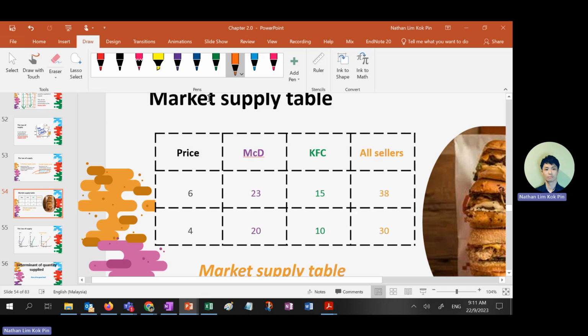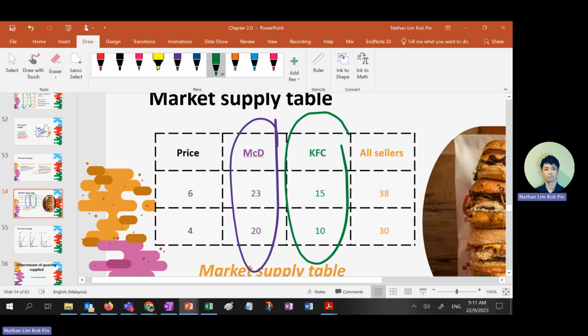So, Colonel Sanders, at the price of 6 ringgit, how many are you willing to supply? Colonel Sanders said 20 units. At the price of 4, how many? Colonel Sanders said 10 units. But we don't add up prices, as you know. The purple curve is the individual supply curve, KFC's individual supply.